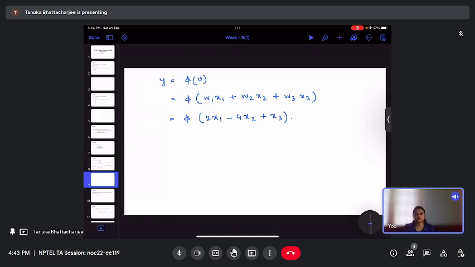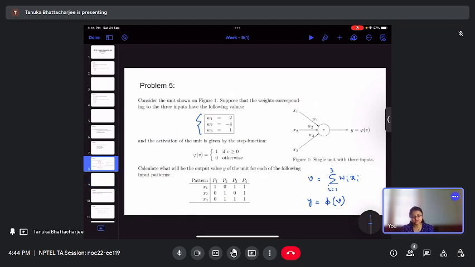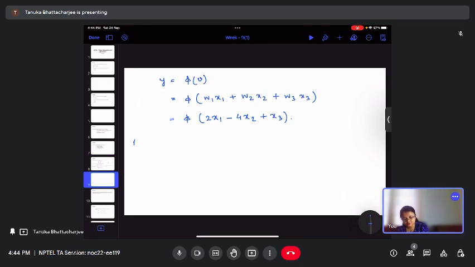Now, to compute the output for any particular pattern, you can simply put the x1, x2, x3 values for that pattern in this equation, and you will get the corresponding output. The first pattern P1 is 1 0 0, that is x1 is 1, x2 is 0 and x3 is 0.